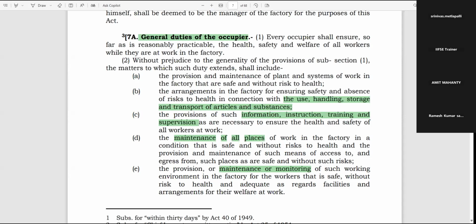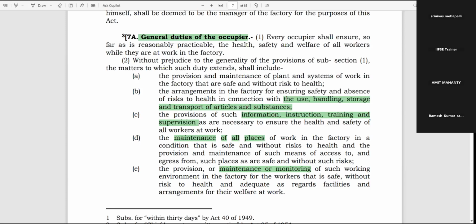Then the provision of maintenance or monitoring of such working environment in the factory for the workers that is safe, without risk to health, and adequate as regards facilities, and monitoring of the working environment. It is nothing but, for example, we do ambient air quality, noise, ventilation, illumination.